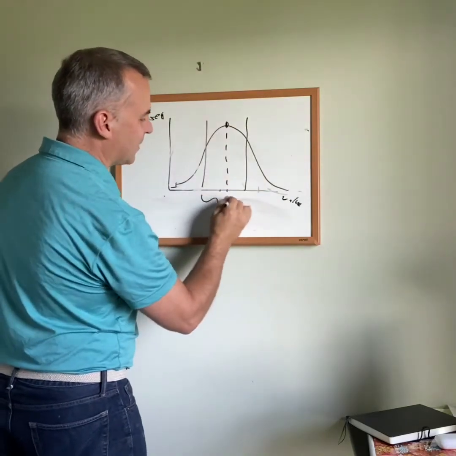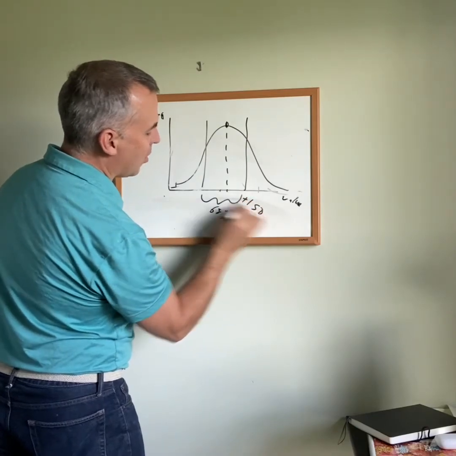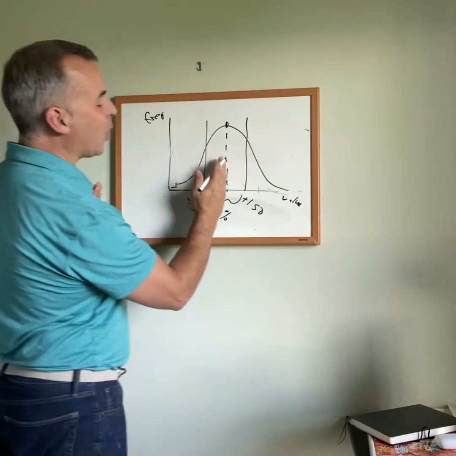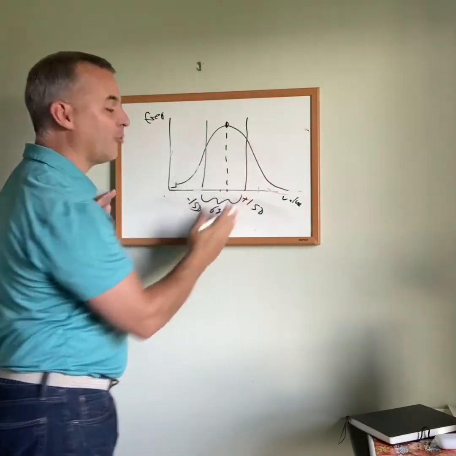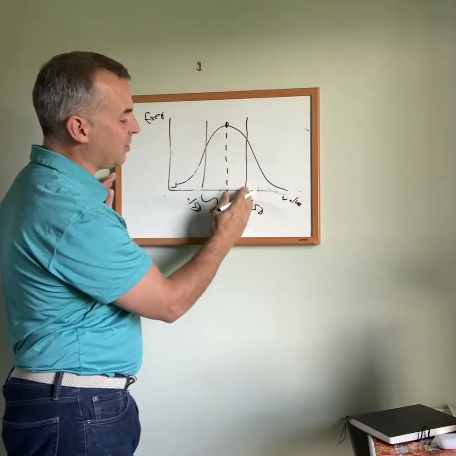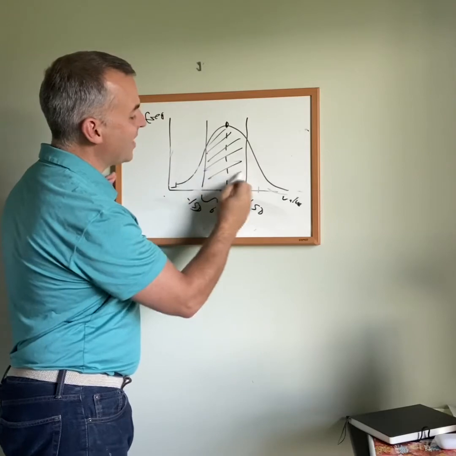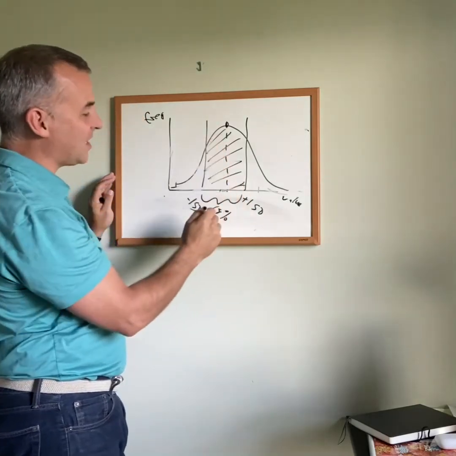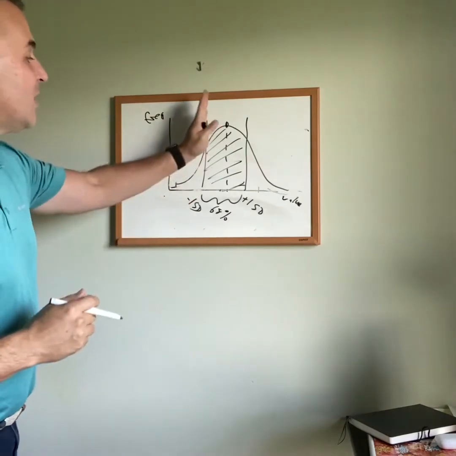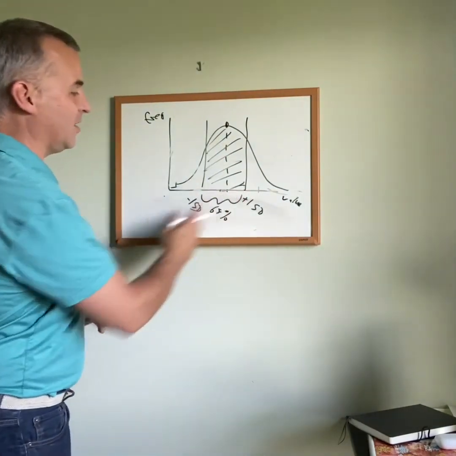68% of our sample is within plus or minus 1 standard deviation from the mean. Remember, the standard deviation is the square root of the variance. If I go 1 standard deviation above and 1 standard deviation below, then I know that 68% of my sample is inside of that. 68% of instances, their scores are somewhere in this range.